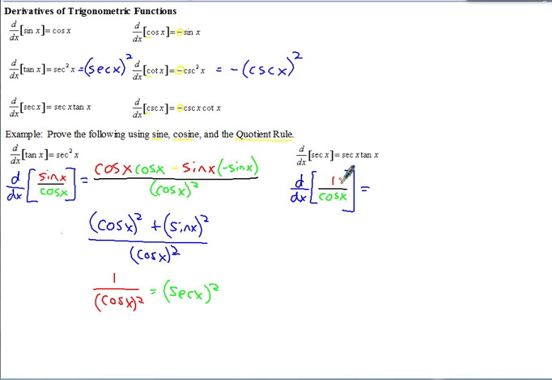Derivative of 1 is 0 times the denominator as it is, cosine x, minus the numerator as it is, which is just 1, times the derivative of the denominator, derivative of cosine is negative sine. All divided by the denominator as it is, cosine x squared.